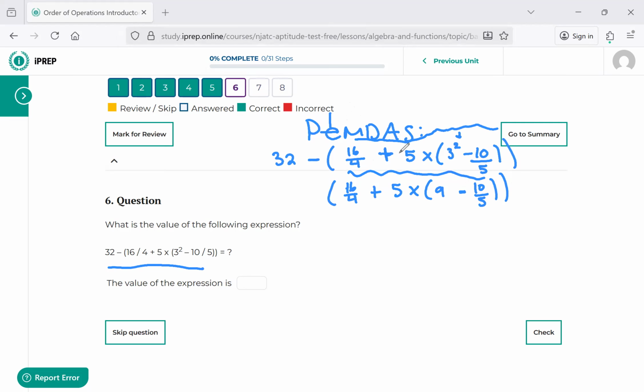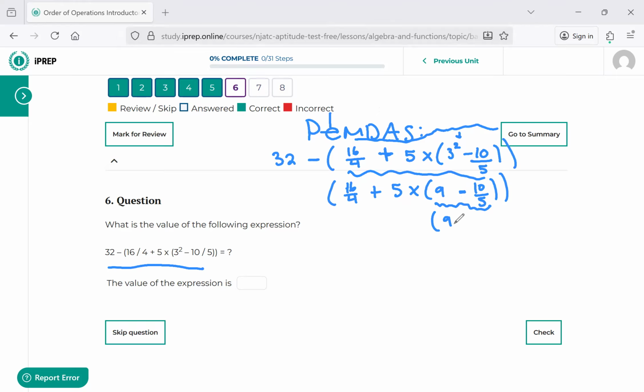Do we have a multiplication and a division? Yes. Oh, wait. Let's do this inner parentheses, right? So inside this inner parentheses, you have two order of operation. We have a division and a minus. So what do we do first? Well, according to PEMDAS, we have to do the division first.